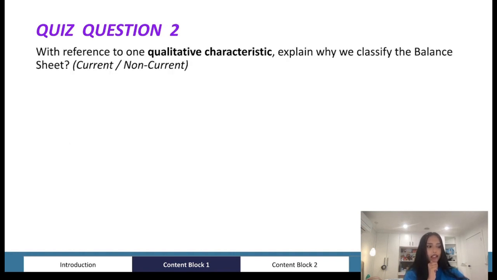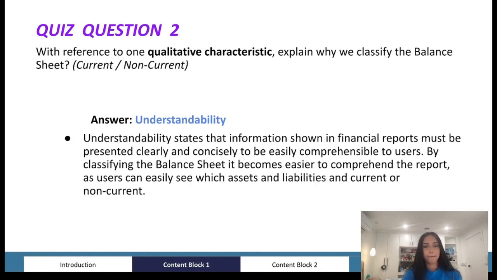Okay, here's our second quiz question. When we classify the balance sheet, which qualitative characteristic is supported, and in this case it's understandability. And that might not have been obvious to you immediately, but the reason why is because when we talk about understandability, we want the reports to be presented clearly and concisely so that it's easily understandable to the people that are reading it.